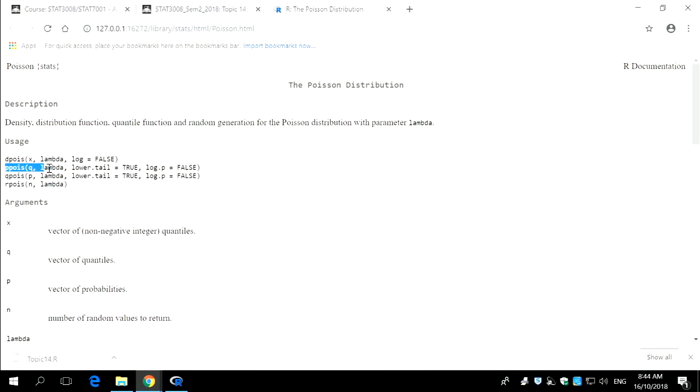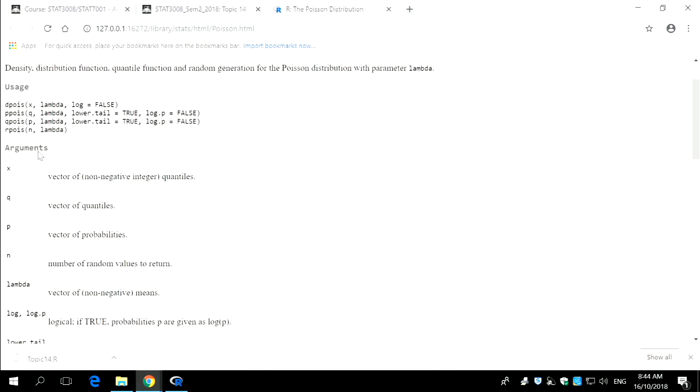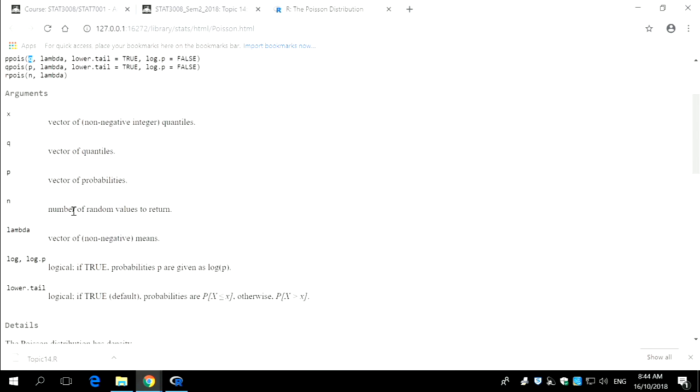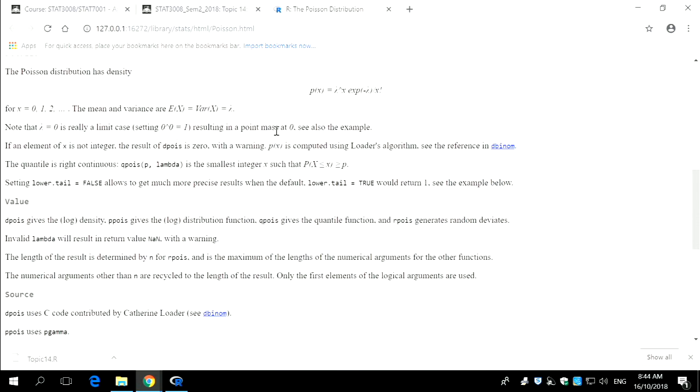But here, in order to compute the probability, we need to do it this way. And then here we need to input lambda. I think it should be smaller than Q, but we should have a look at it. So firstly, we need to specify lambda. So lambda is actually our mu here because it's the mean.